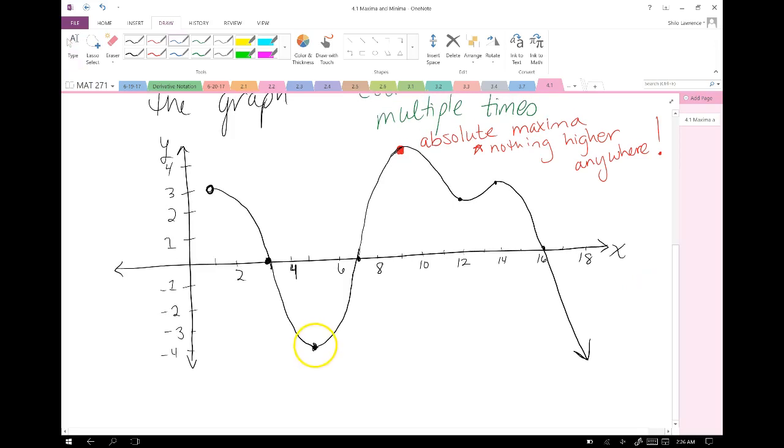We do have a point over here at 5, -4, but technically, all the way on the right-hand side, we've got an arrow, which means after about 17, this graph just continues to go down forever. That means there is no absolute minimum because the graph goes down forever.